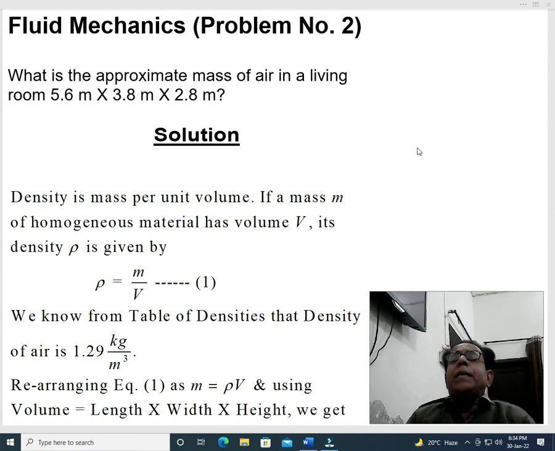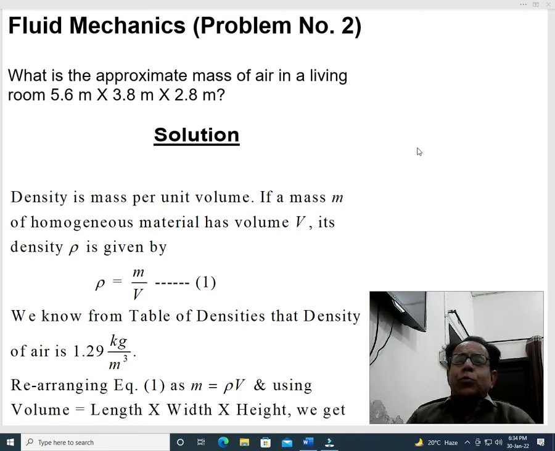If a mass m of homogeneous material has a volume capital V, then its density is denoted by rho. The density symbol is called rho. This rho is to some extent similar to P, but it is not P. This is called rho.